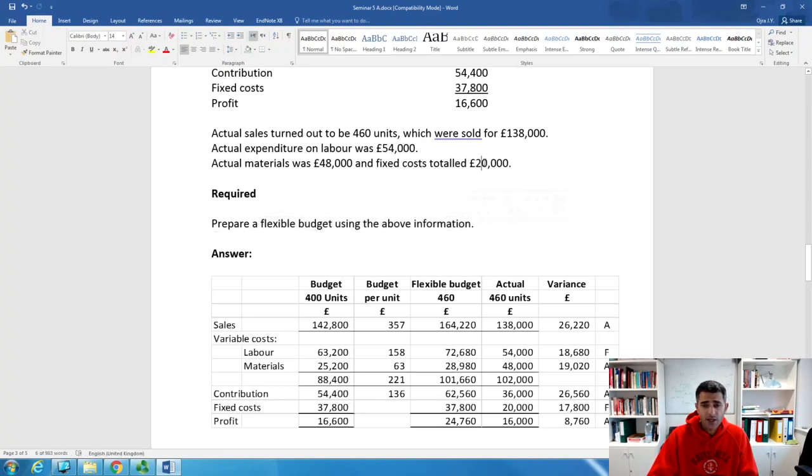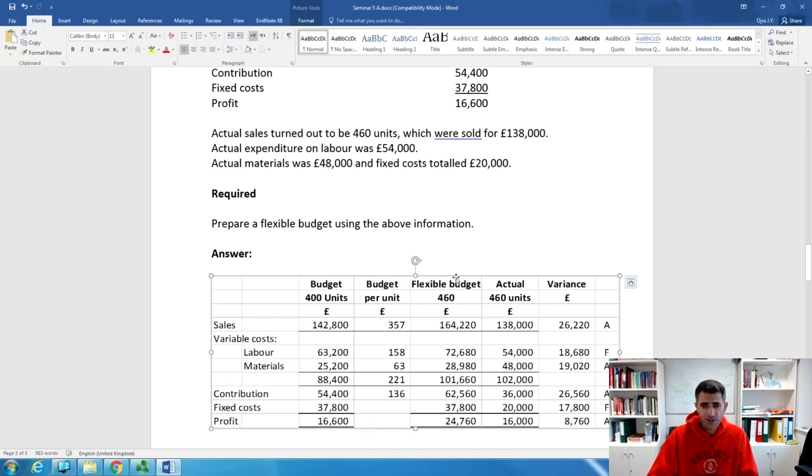So remember that the way to prepare a flexible budget is based on the actual level of activities, which is 460 units, in order to eliminate the variances here, which is 0. So what you need to do here, you need to calculate the budget per unit, right?